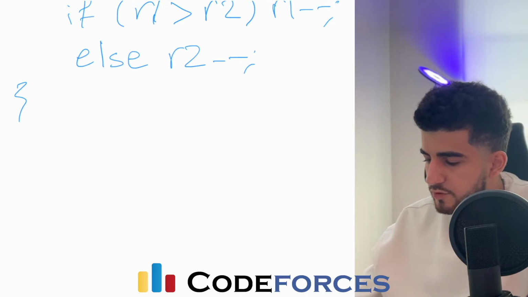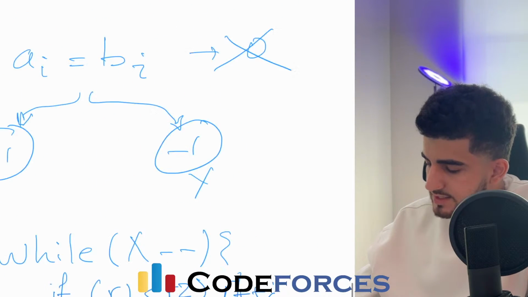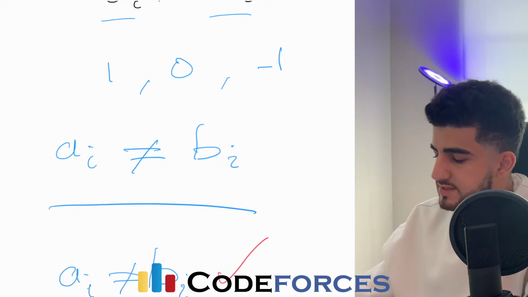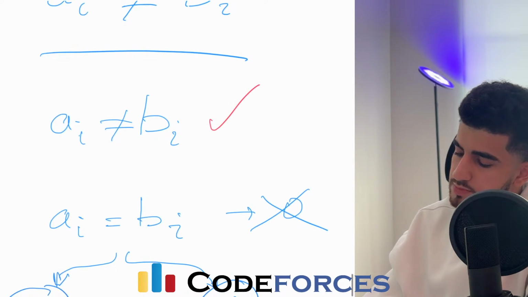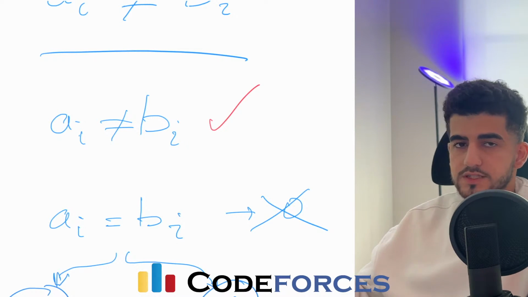Yes. For O of 1, you can consider that they have some initial ratings, because we said that if AI is not equal to BI, we give that rating to one of the people, to one of the movies.